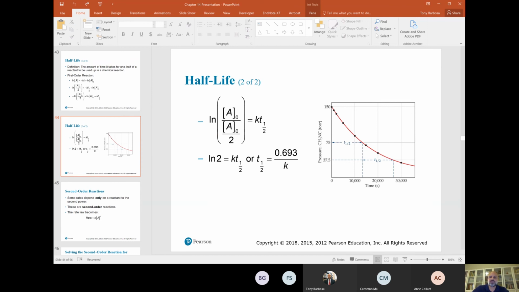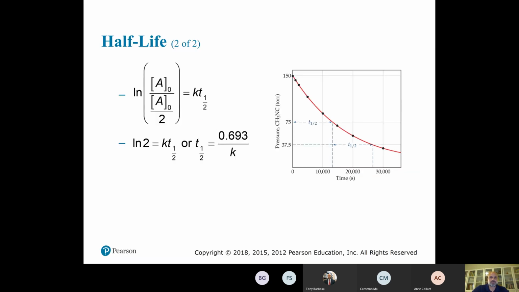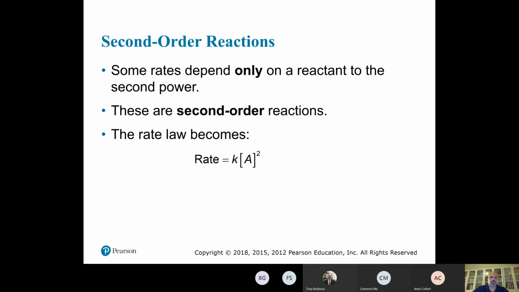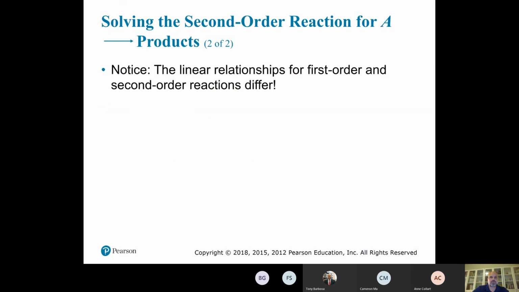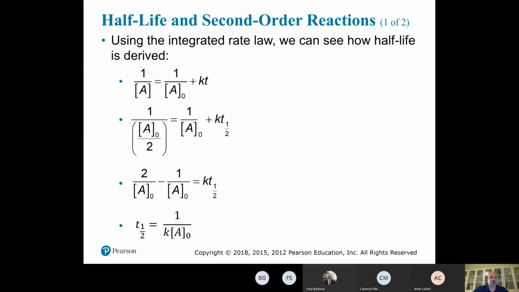Let me blow the screen up. If you were given a half-life, you would be asked to calculate the rate constant, or if you're given the rate constant, you're asked to calculate the T half. Unless it was second order, and then you'd have a second order rate constant and T half.